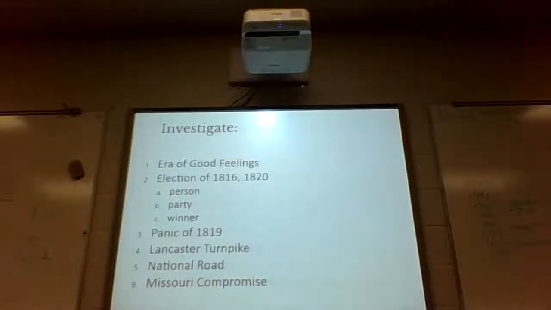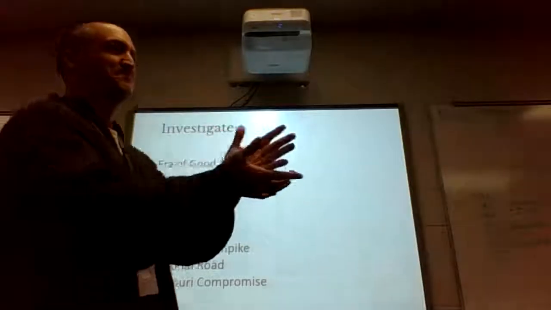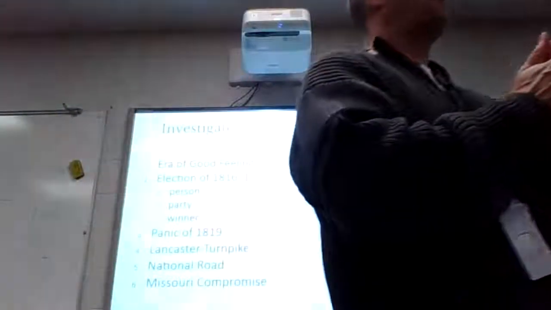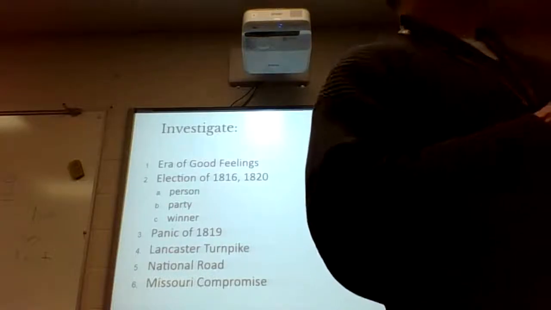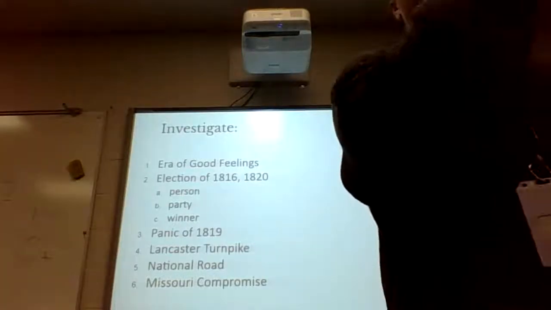On the worst day of the Great Depression, what do you think the unemployment rate was? The unemployment rate during the Panic of 1819 was 90%. What do you think it was on the worst day of the Great Depression? 50%. You're going with 50. How many of you say higher than 50? We got 1, 2, 3.